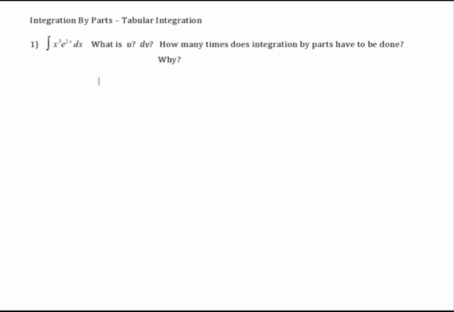So let's come over here, and what we're going to do is just write u, and we're going to find the derivative, and dv, and on that one what we're going to do is integrate. So our u will be x cubed, and our dv will be e to the 2x. When we're doing it in this method, we're not going to write the dx with it.